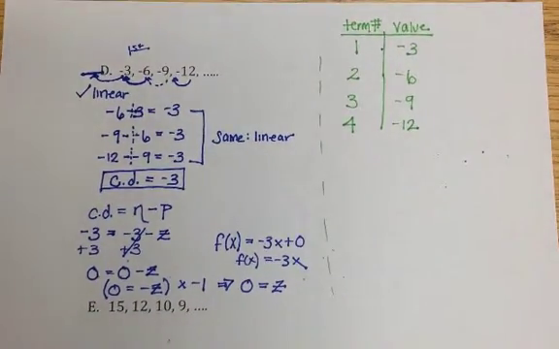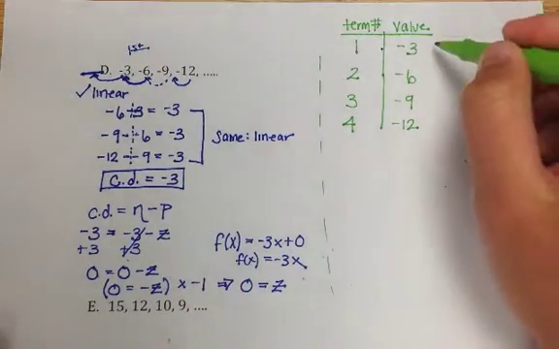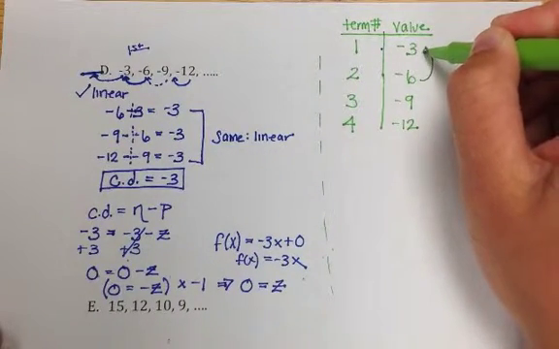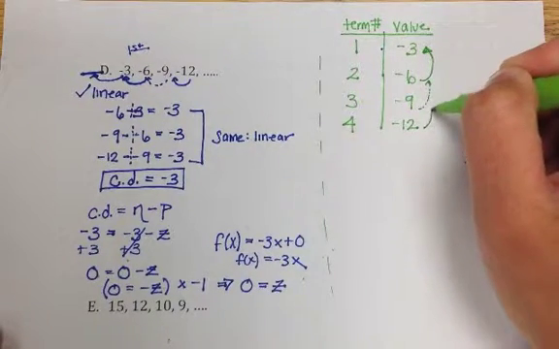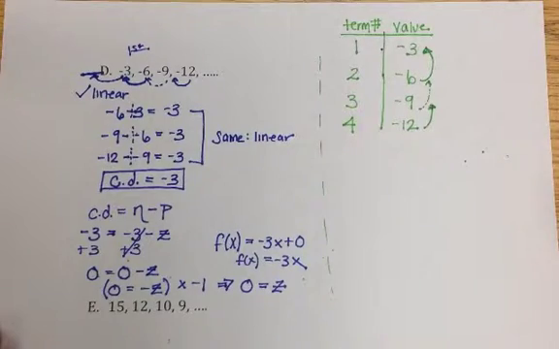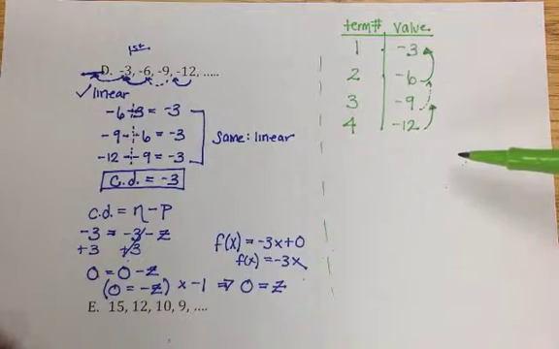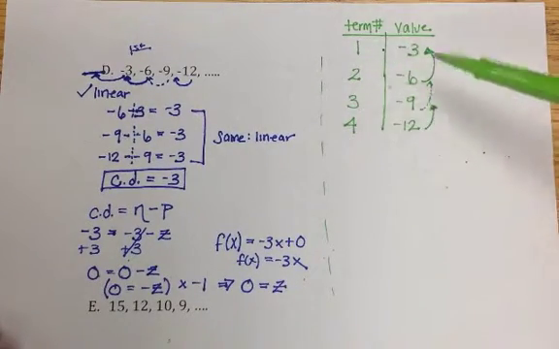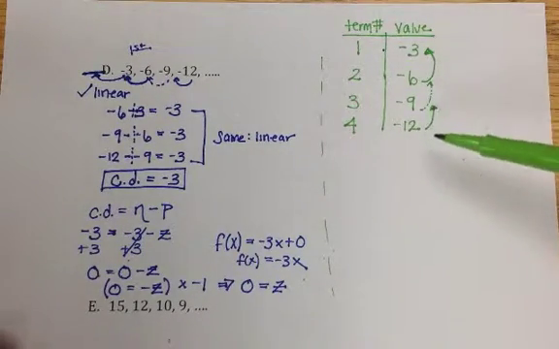And so, again, we know the common difference is -3 from the next minus the previous, and you can also find that from the table of values, just going -6 minus -3, -9 minus -6, and -12 minus -9. Table of values is a little bit more difficult to see the common difference because you have to check both your first column and second column to see how they're changing, and we're changing by 1s for our terms, and then we're changing by -3s for our values.